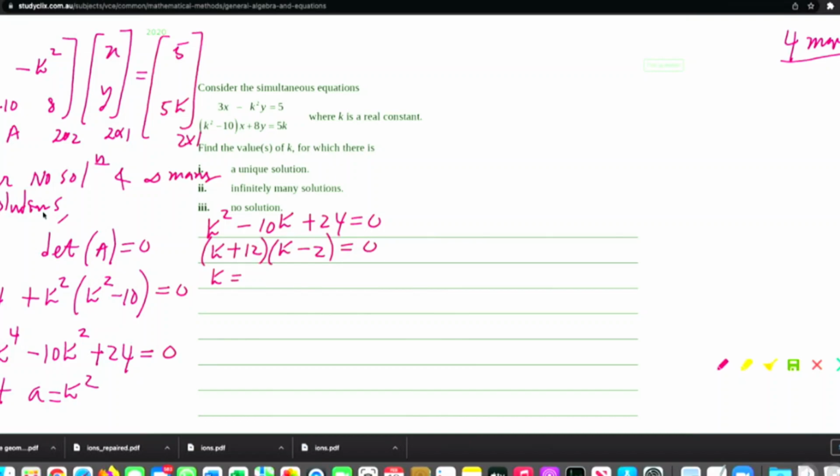Okay. A squared minus 10A plus 24. Okay.